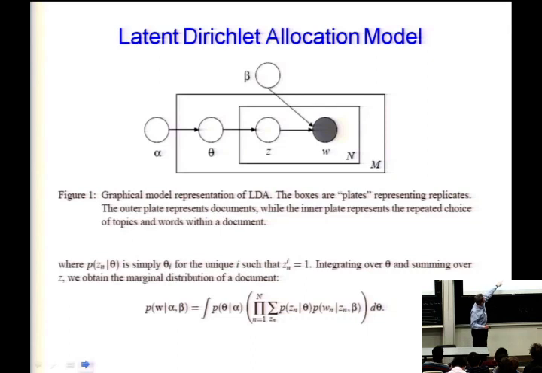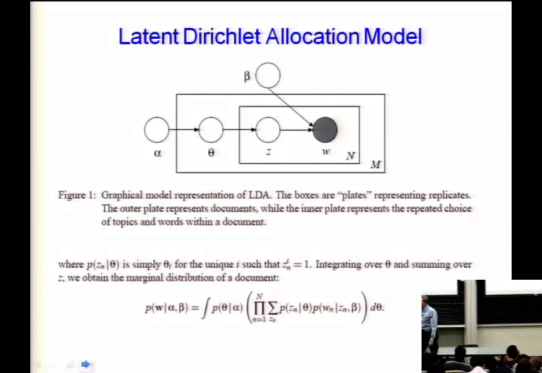You'd say, well, according to that Bayes net, I start with alpha, I generate a theta, so I'm going to integrate over theta. And then given a theta, I'm making n copies of the words, so I'll take the product over all the words. W here is a vector of words. I'll sum over the topics, and I'll get the probability of any given topic, z sub n, given theta, and then the probability of word n given topic z, and the parameter is beta. So it's just a standard kind of joint distribution.